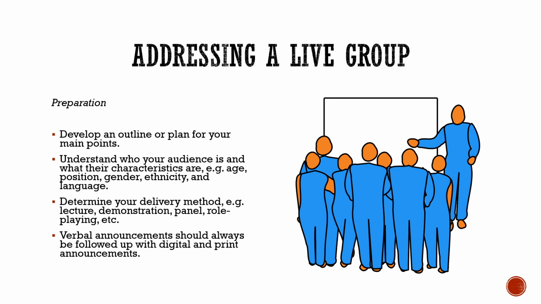We'll put up the advancements for each den. These folks earn these advancements, and that helps a lot. The people are very visual these days, and if you're addressing a live group, you want to have something for them to focus on. Verbal announcements should always be followed up with digital and print announcements.